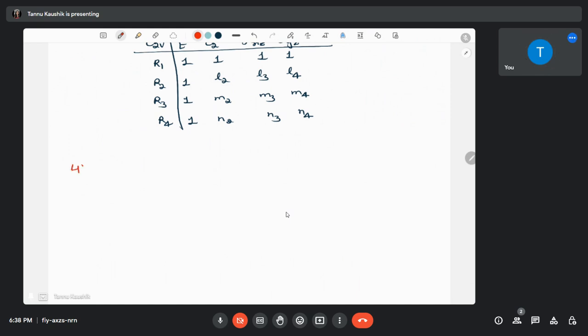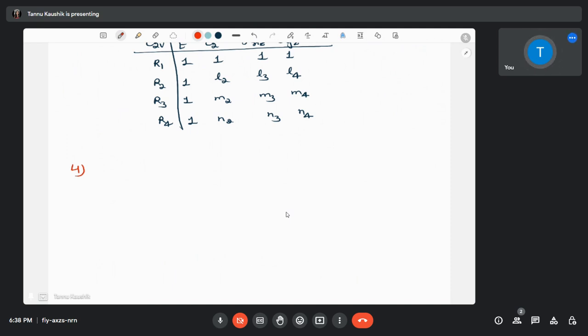So the fourth postulate, which is very important to create a group multiplication table of a point group, says that any two irreducible representations of a group will be orthogonal to each other. So what is this orthogonality theorem? That is R1 into R2 is equal to 0.